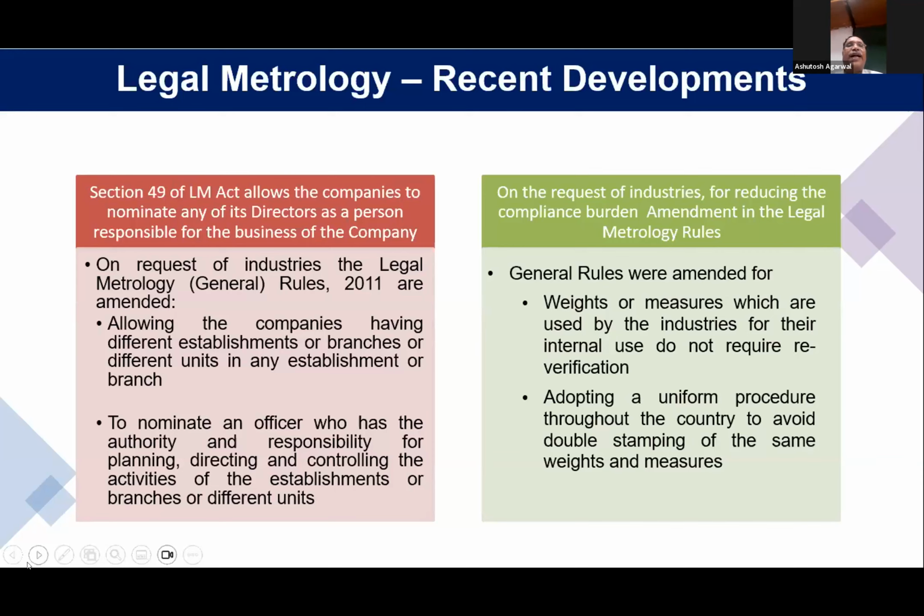We have also made provisions that weighing and measuring instruments used by the industry for internal use, and not for any transactional purpose, which have been verified once, do not need to be verified again before being put into use. These are a few provisions made in the interest of industries. Next slide, please.